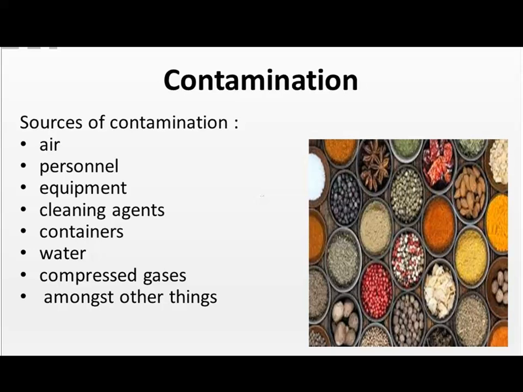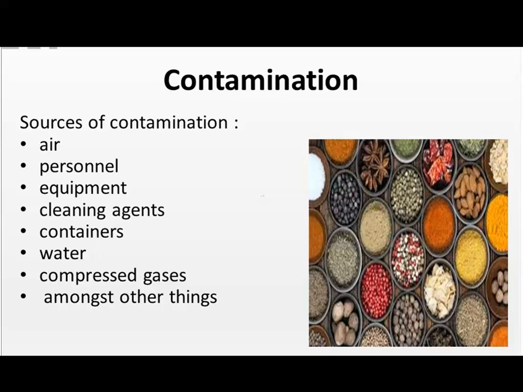Cleaning agents and cleaning materials are sources of contamination within our clean rooms. Water itself is a source of contamination. Even if we're using water for injection or purified water, we have to monitor the water as well to make sure that it is meeting specifications. Our compressed gases like nitrogen and compressed air are also a source of contamination.